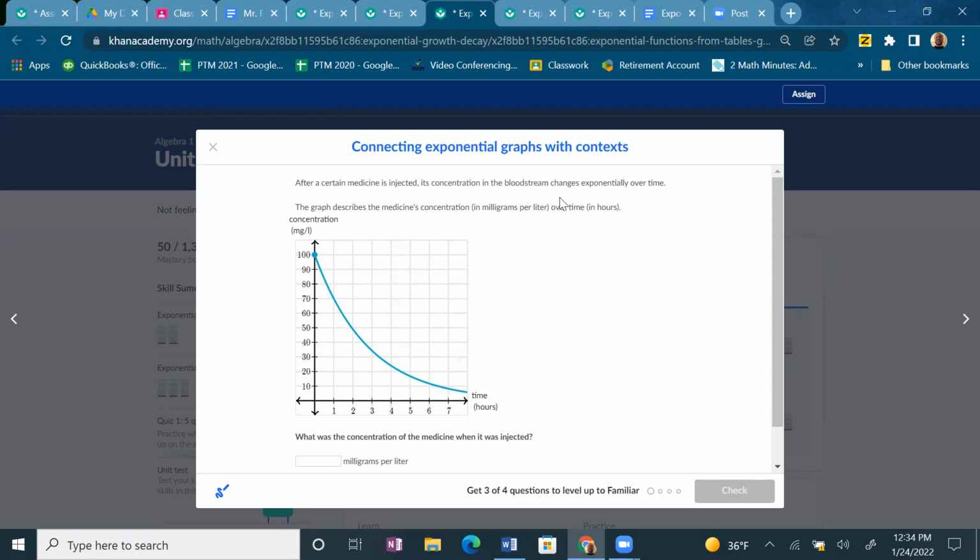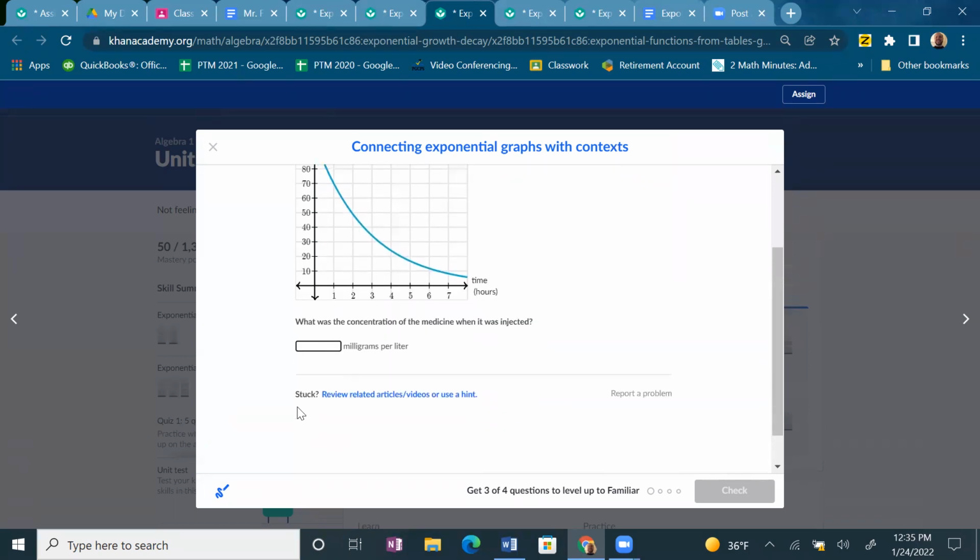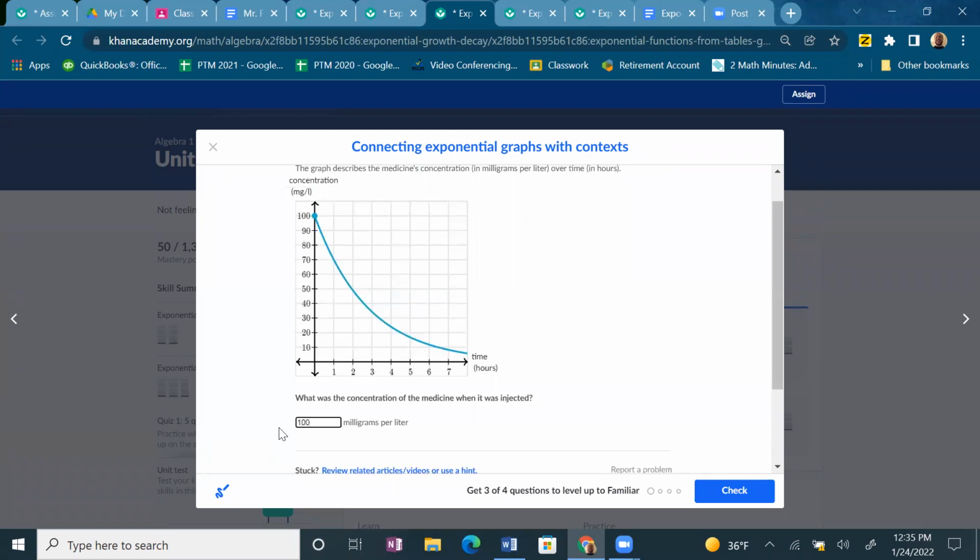With word problems, we should always be looking for the units, which are hours and milligrams. What was the concentration of the medicine when it was injected? At time 0, it looks to be 100.